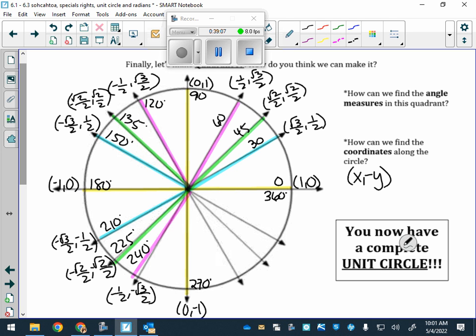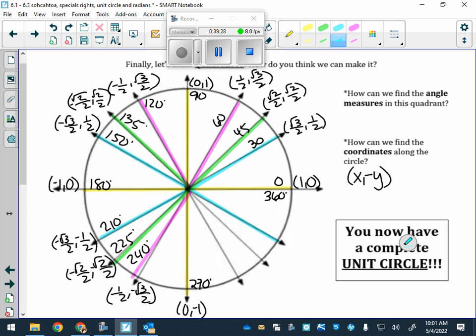So, looking at these lines, 1, 2, and 3, out of those 3, which one will be blue? Nice job. The one closest to the 360.